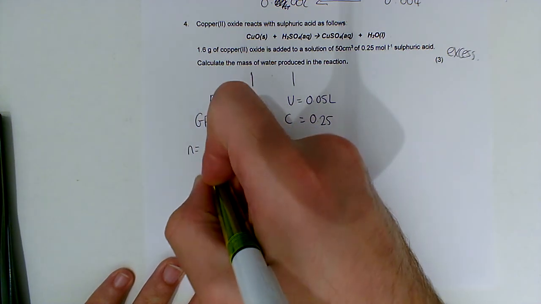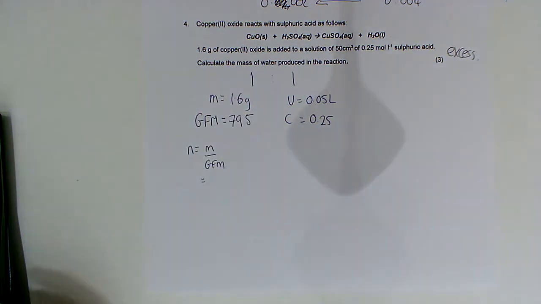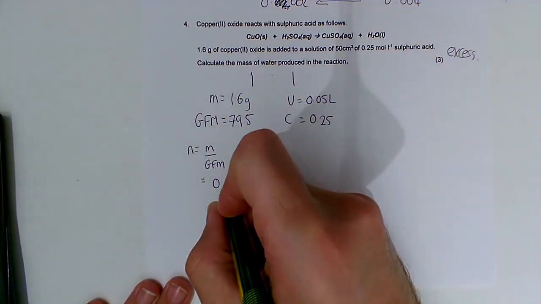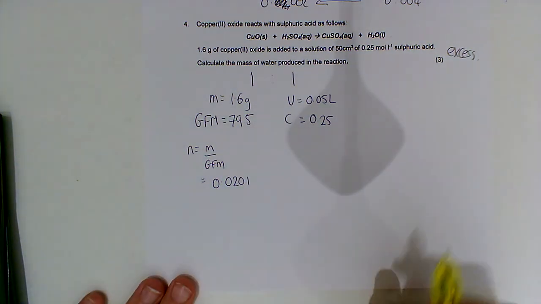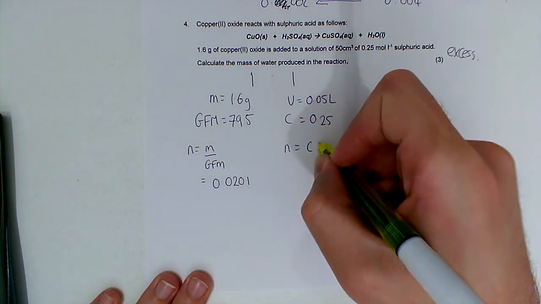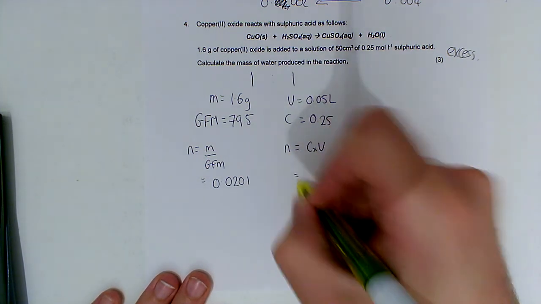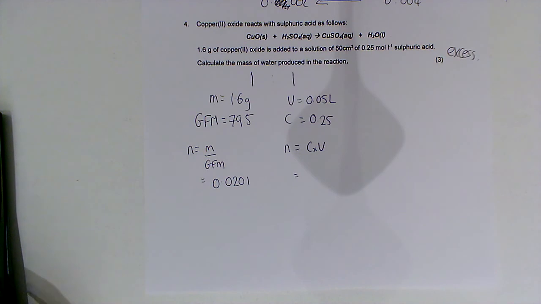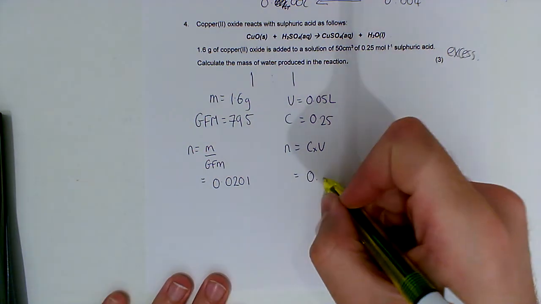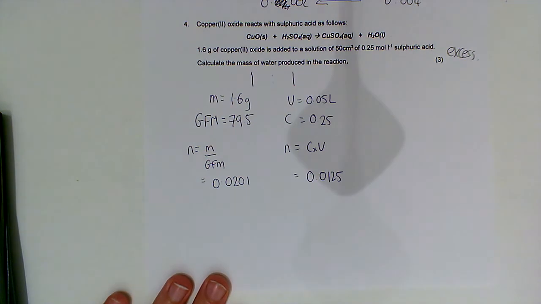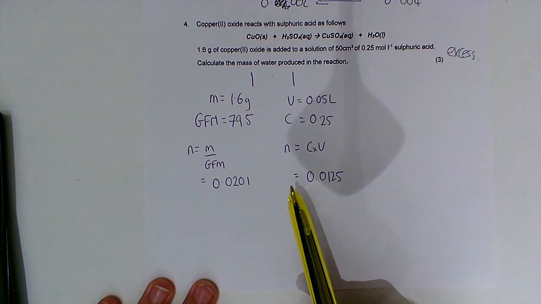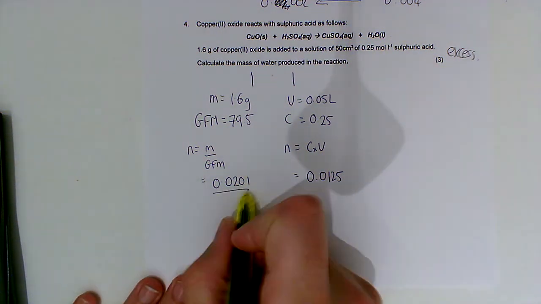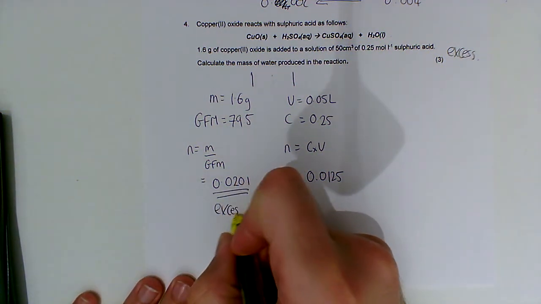N equals M over GFM, so that's 1.6 divided by 79.5, which is 0.0201 to 3 significant figures. And N equals CV, which equals 0.05 multiplied by 0.25, which is 0.0125. That's a 1 to 1 ratio, so all we need to do to work out which one's in excess is see which one we've got more of. That one we've got more of, so that is excess.